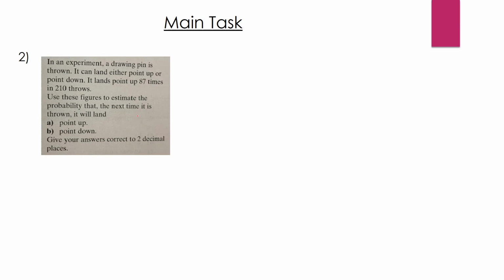Number 2 then, we've got 87 times a pin lands point up. So the probability estimated for point up is 87 out of 210, which is 0.414 to 3 decimal places. Part B, point down, well, we'd have to find out how many times it landed point down, so find the difference.